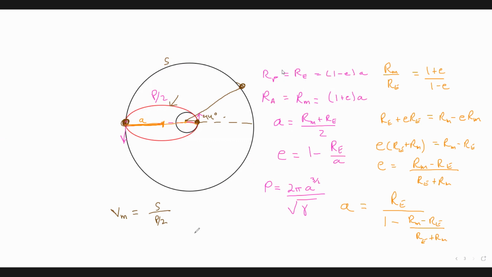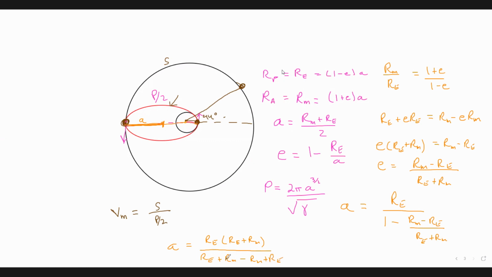So let's go over here, get a little bit more room. Let's multiply top and bottom by Re plus Rm. So we get Re times Re plus Rm divided by Re plus Rm minus Rm plus Re.